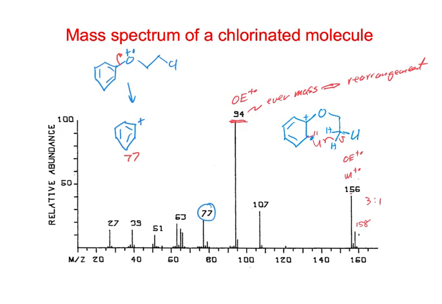This has a hydrogen on it already, so we have two hydrogens here. We have a plus over here, and the radical is now over there.